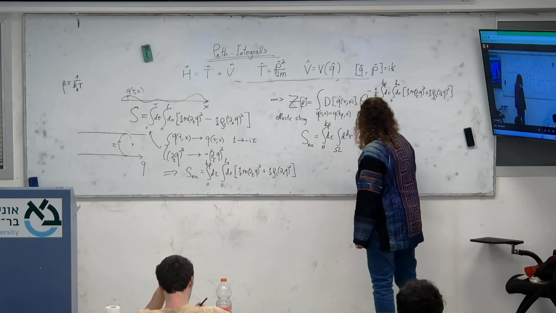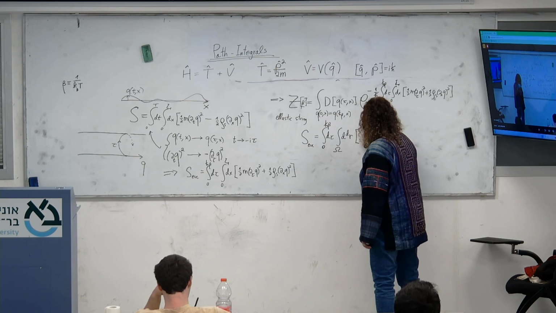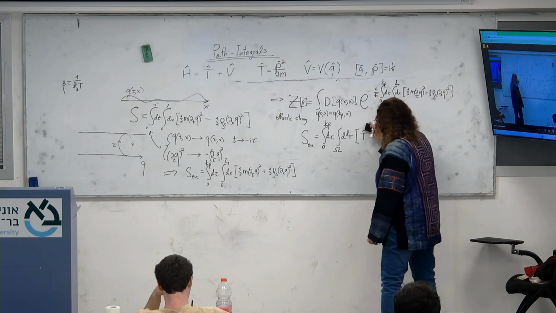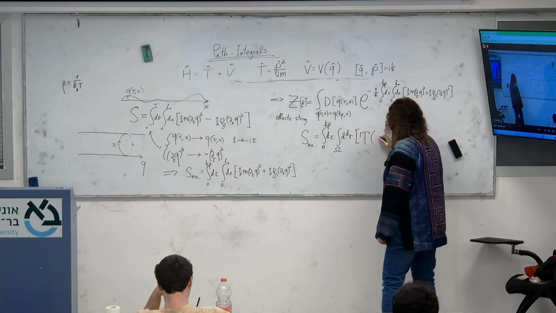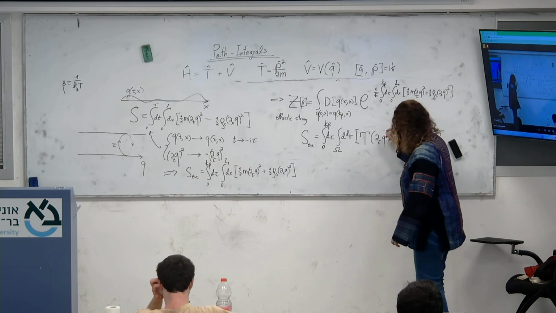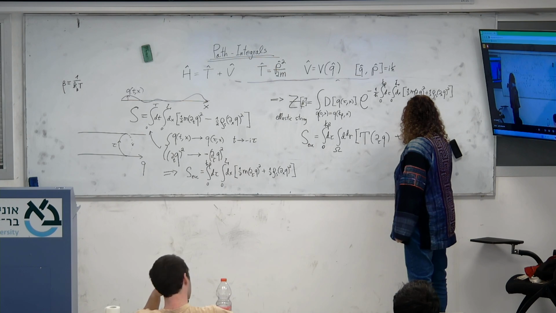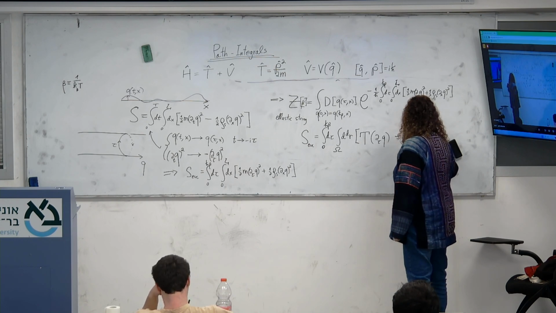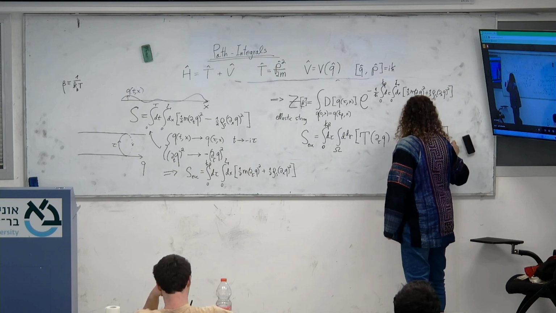And inside here, what you have will be some kinetic energy. Let me write something that will be most general. The kinetic energy is some function of time derivatives. And there is a potential energy that is a function of q and its space gradients. This is generally the form.